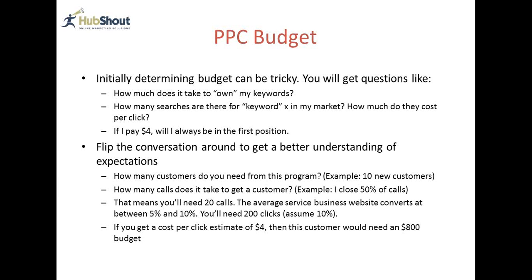Another one that often comes up, and I wish there was a better answer to this one, is how many searches are there for keyword X in my market? Followed on by, what is the cost per click? Unfortunately, Google for a while had a tool that allowed you to try to estimate clicks by market, usually at the metro market level or sometimes city by city.